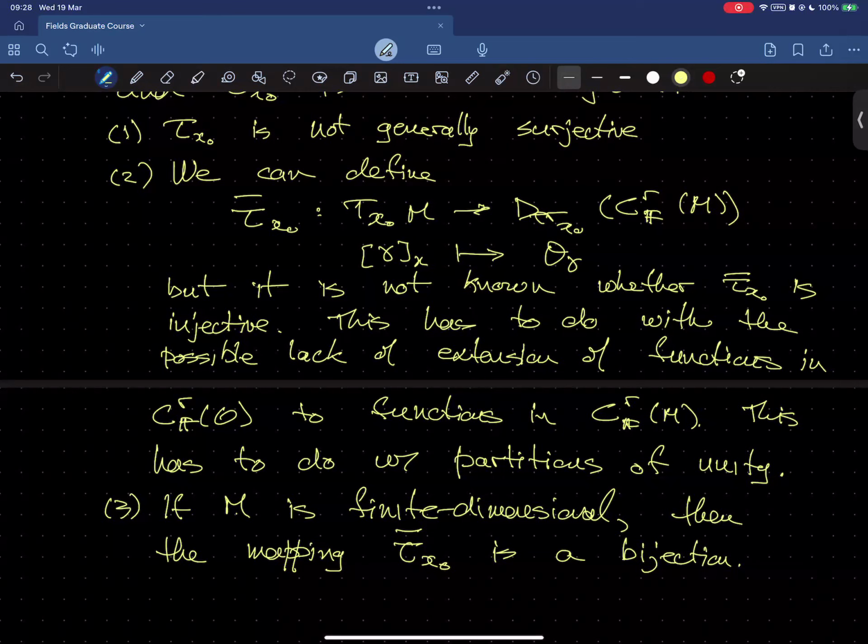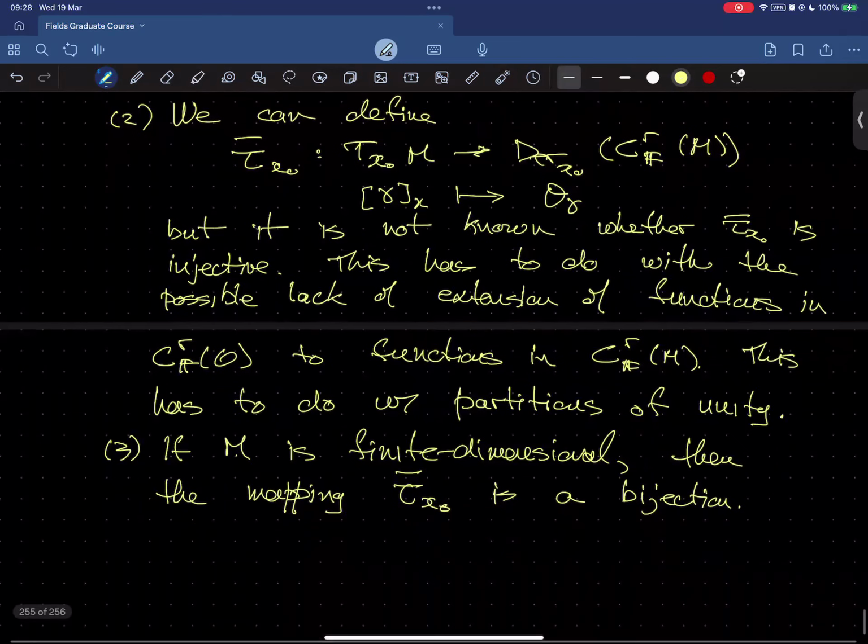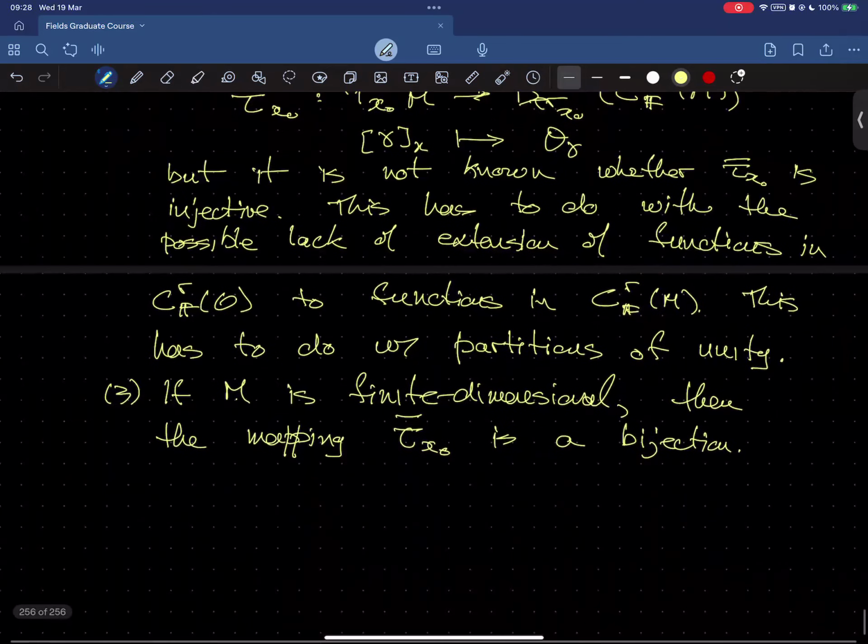As when I talked about tensor products, I do mean to imply here that if M is not finite dimensional, possibly even modeled on a Banach space, then this mapping may not be a bijection.